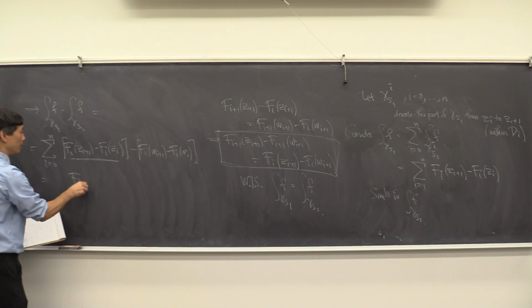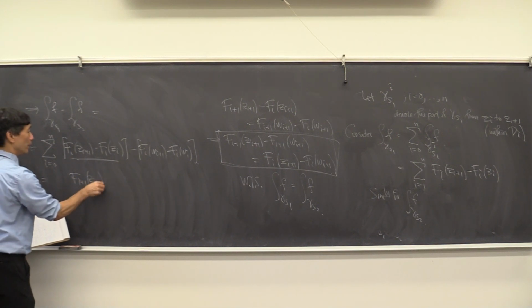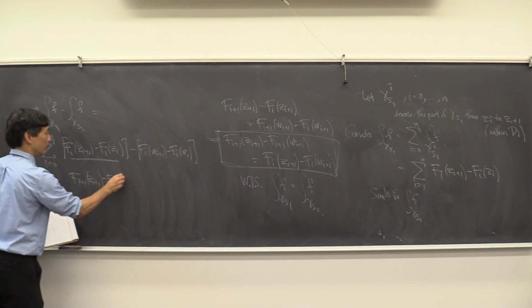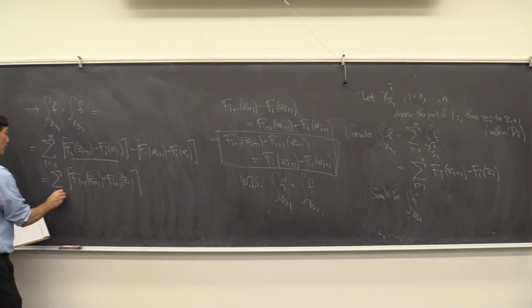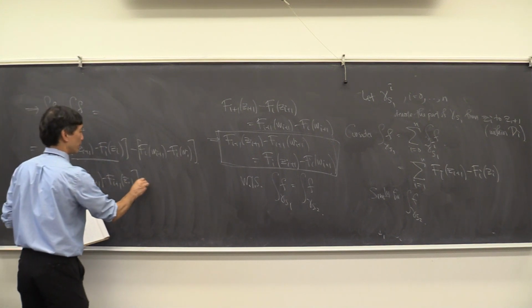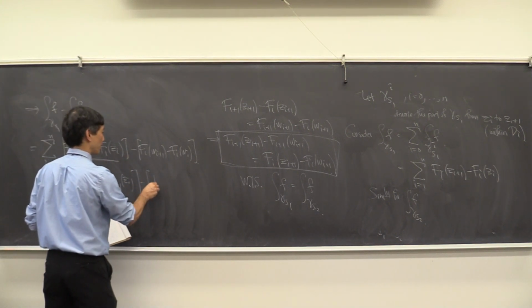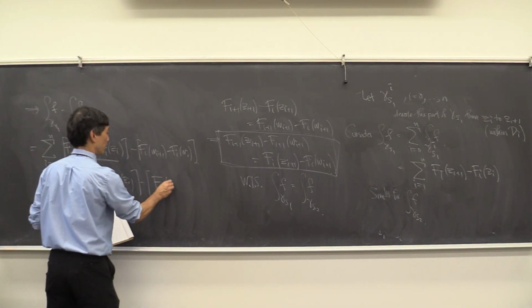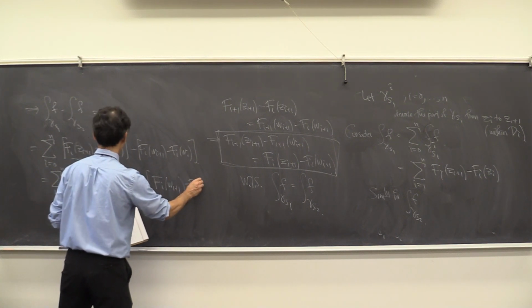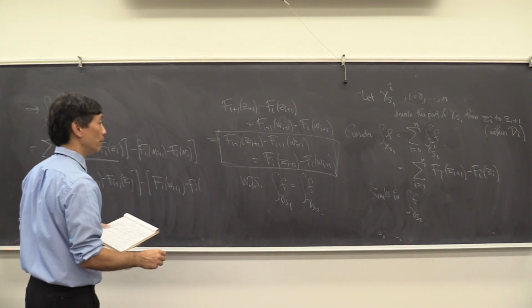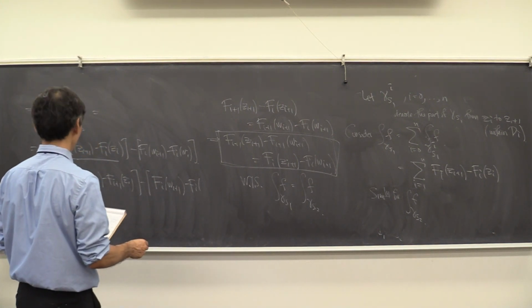This is going to be f sub i plus 1 at z sub i plus 1 minus f sub i plus 1 at z sub i. Whoops, this should not be a w.